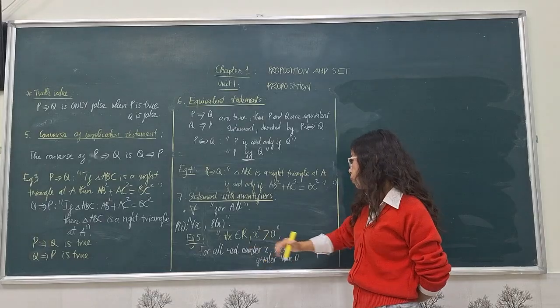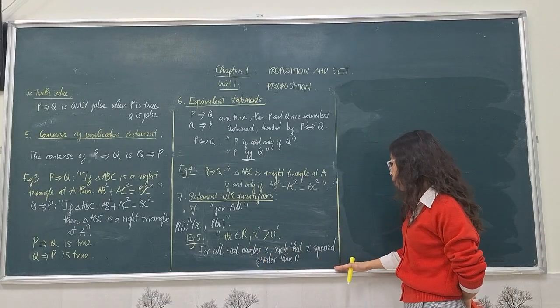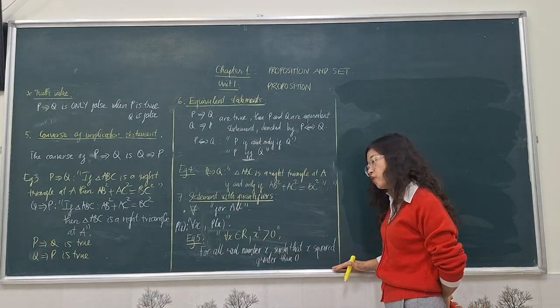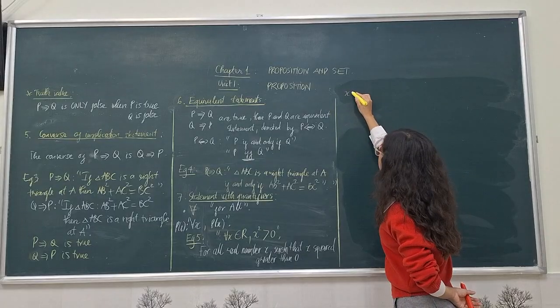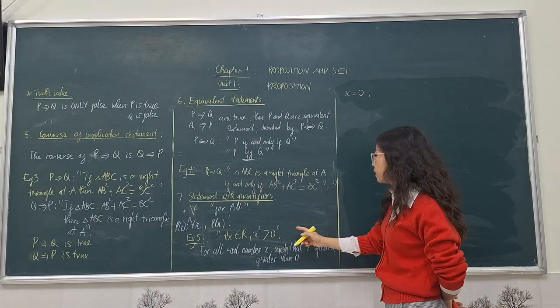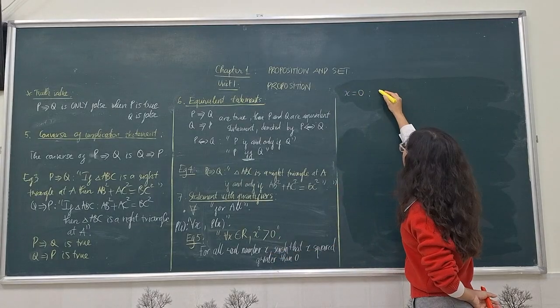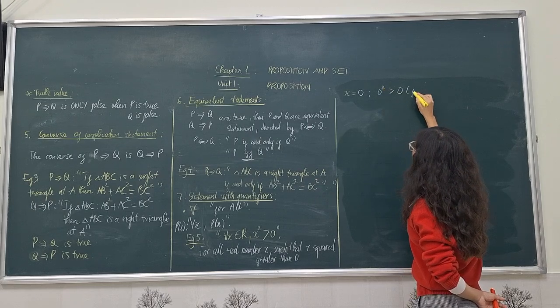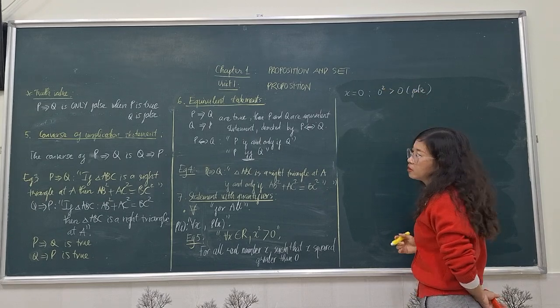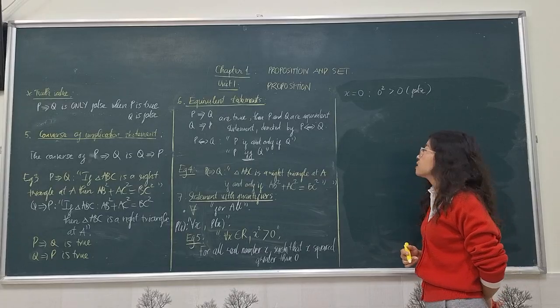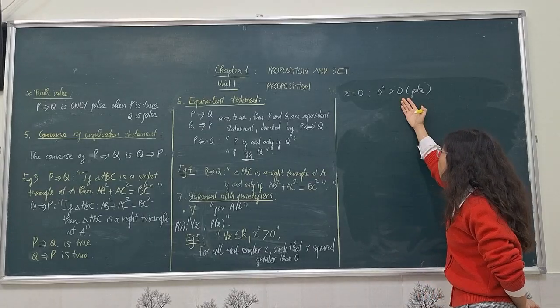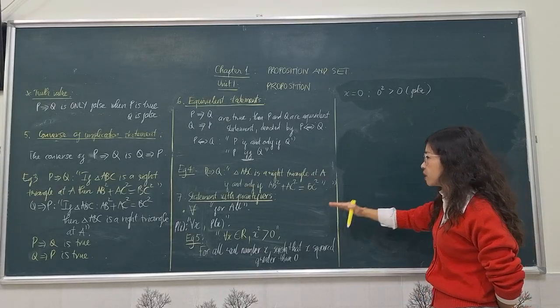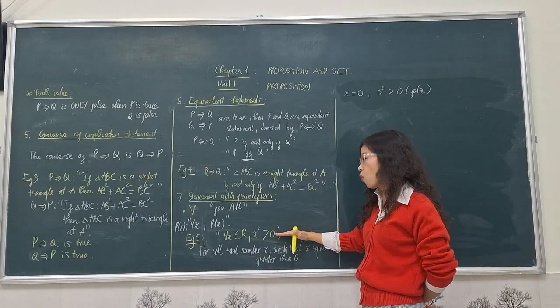So we can try some special values, like x equals 0. Plug it into the identifier. We have 0 squared greater than 0 is false, because 0 equals 0. So we have one case that makes the statement false.